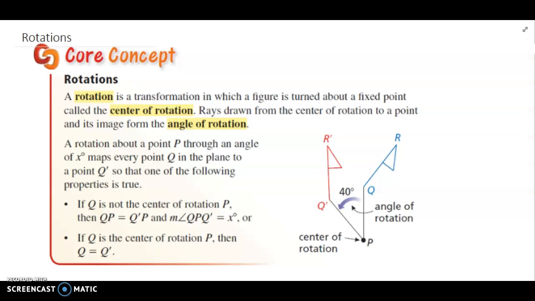All right, guys, let's start section 3. Section 3 is all about rotations. When we talk about rotations, there's a couple things to note.